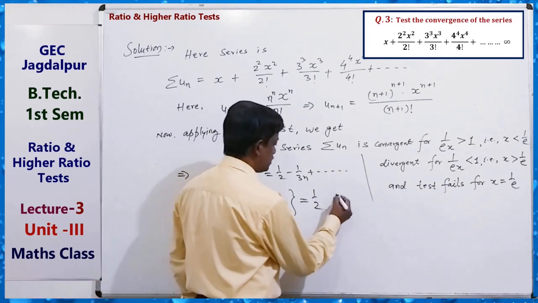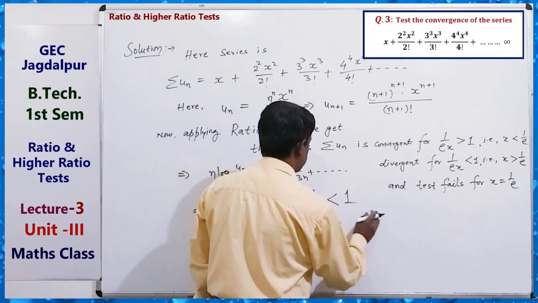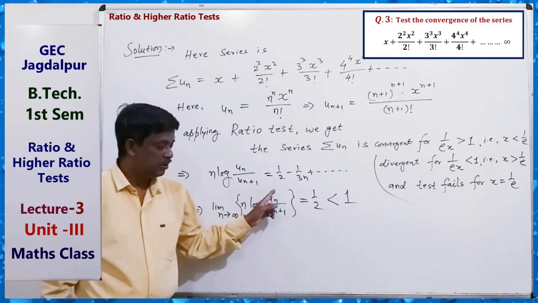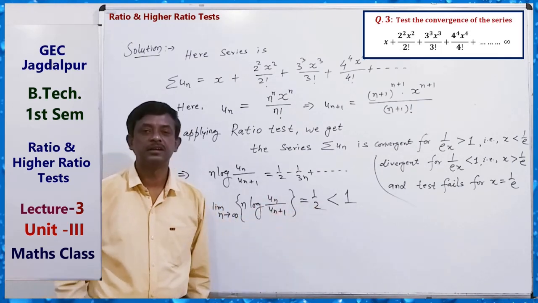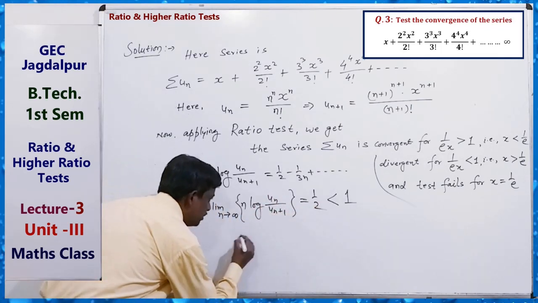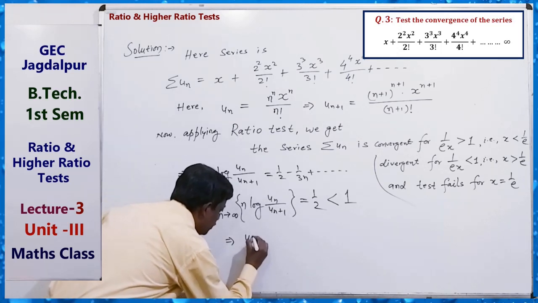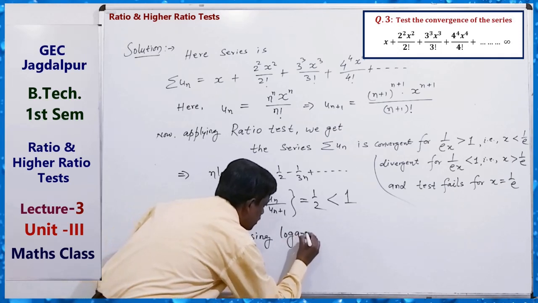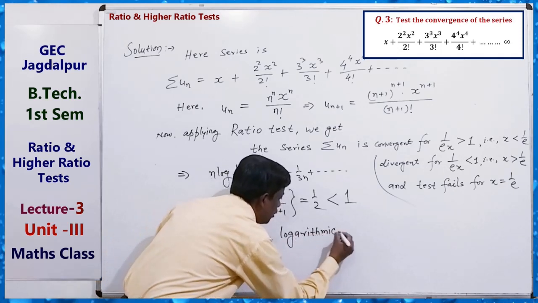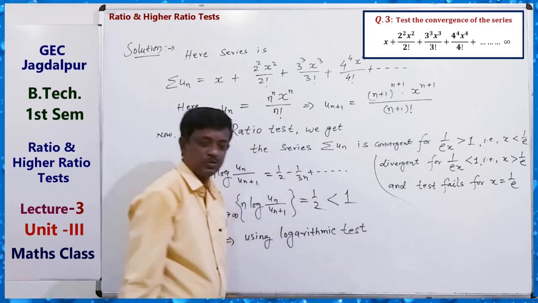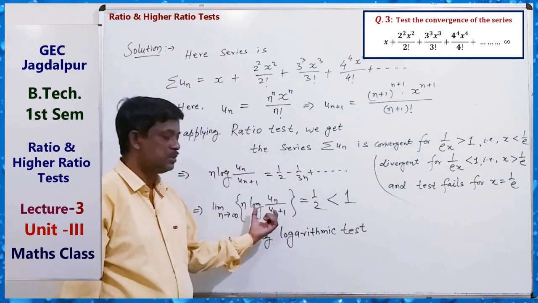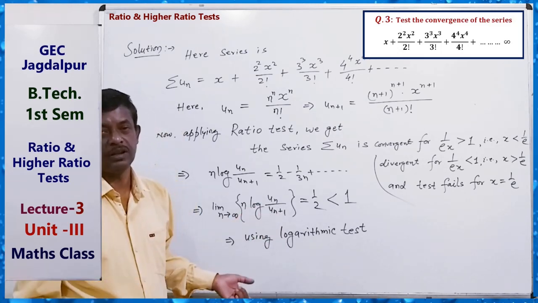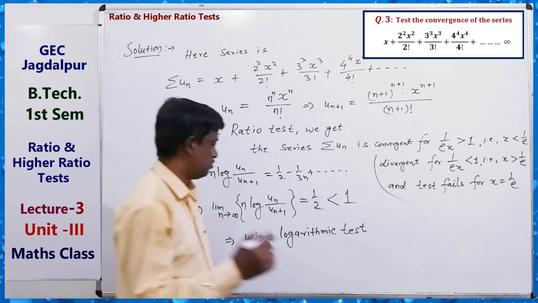This is less than 1, so it is divergent using the logarithmic test. Because we know that the logarithmic test means just find the limit of this: if the limit is greater than 1, convergent; less than 1, divergent; equal to 1, the test fails. So here less than 1, so divergent.